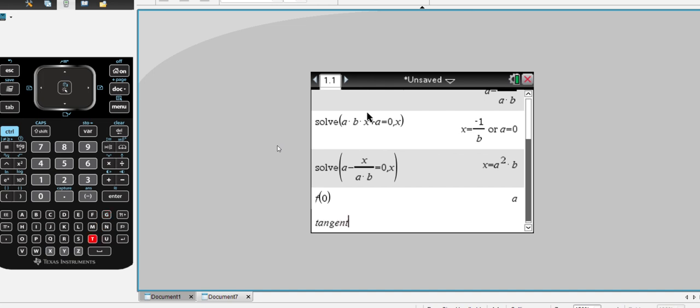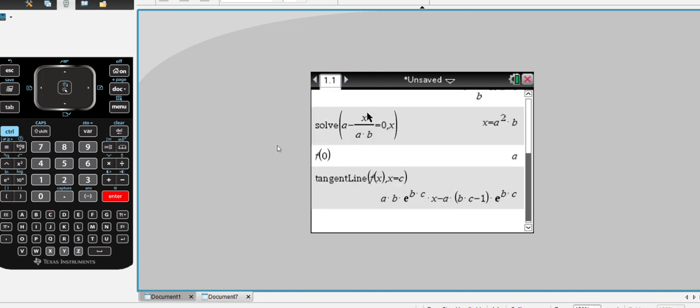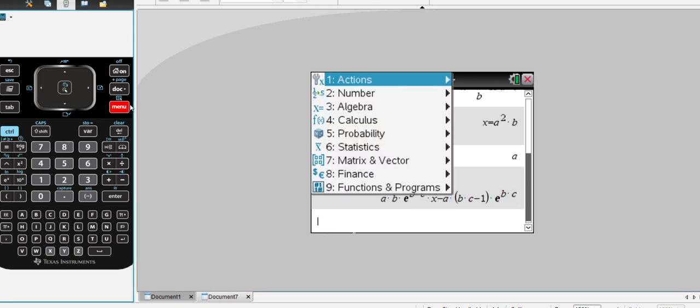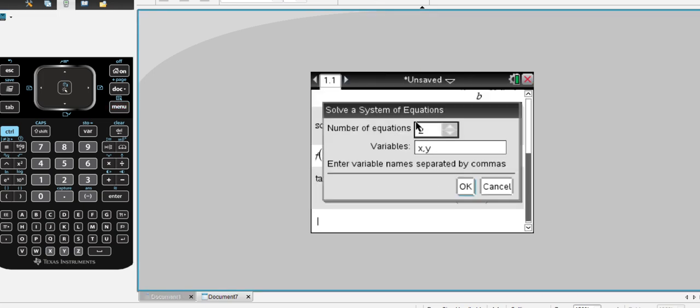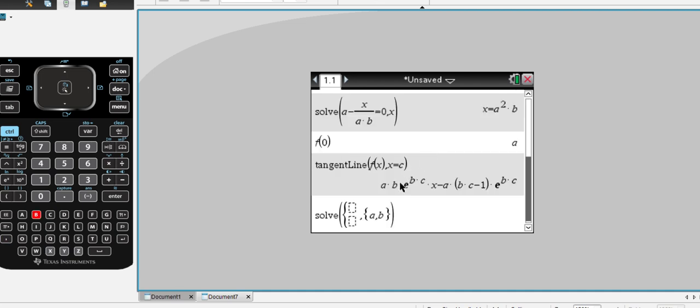So what we're going to do is go tangent line f of x at some point c, which is unimportant. And we need to see when this is equal to the line of y equals x. So when is the gradient equal to 1, and when is the y-intercept equal to 0? So how are we going to do that? We're going to go menu, 3, 7, 1. Solve for two variables, a and b. I'll just copy it.